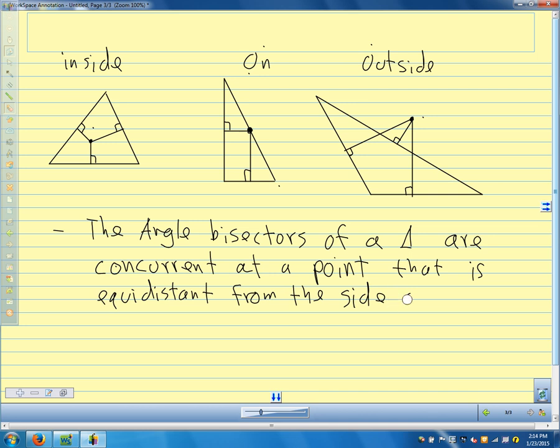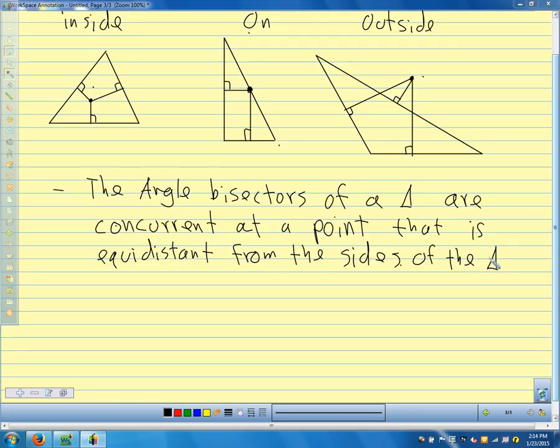This point is called the incenter. So our angle bisectors meet at a point in the triangle. That point's the same distance from all of the sides of the triangle. Is called the incenter.